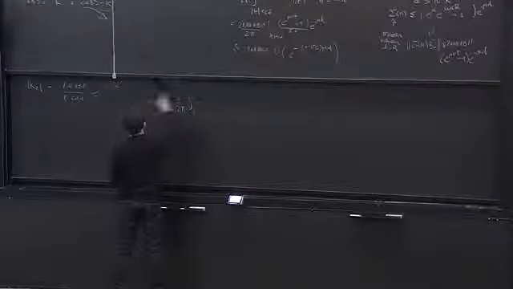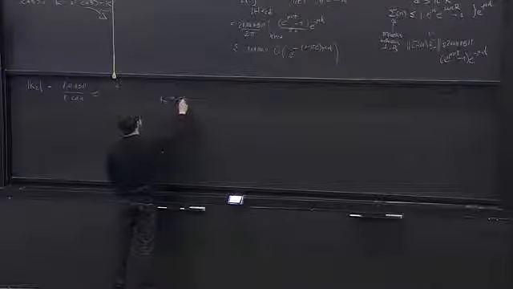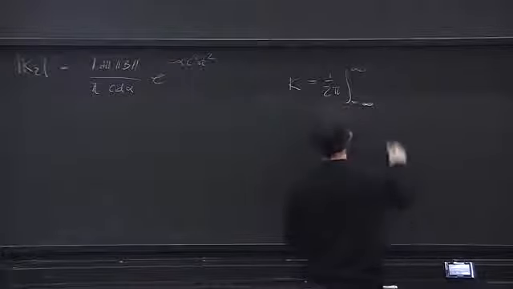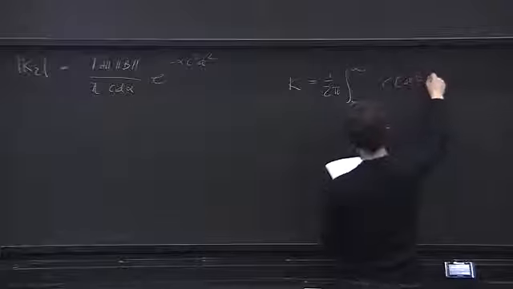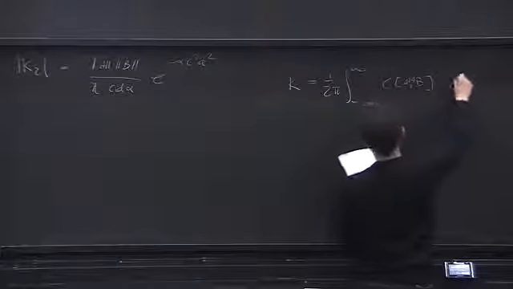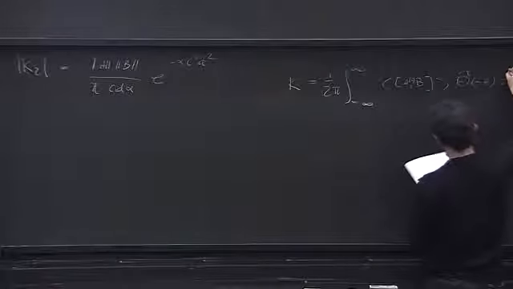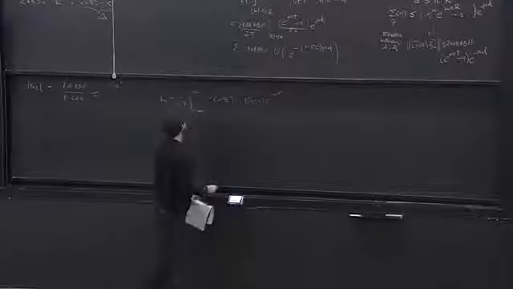Sorry. K is equal to 1 over 2 pi, the integral on the whole domain of the expectation value of A of t, b, step function, e to the minus alpha t squared, in dt.